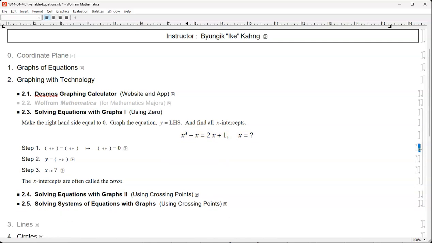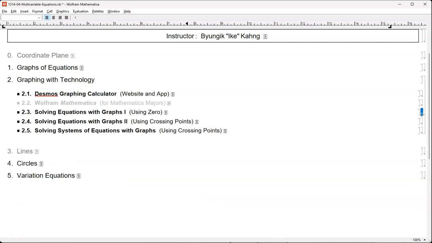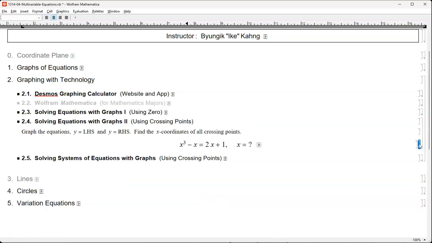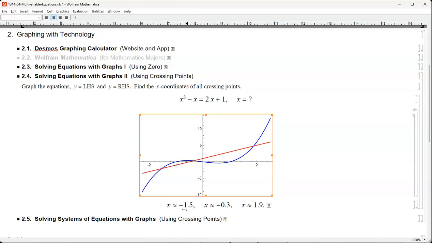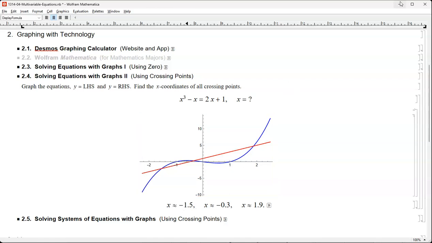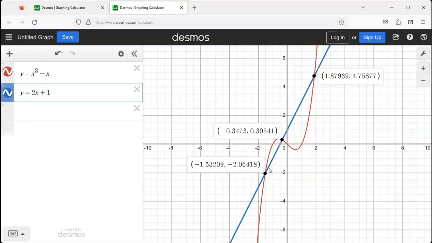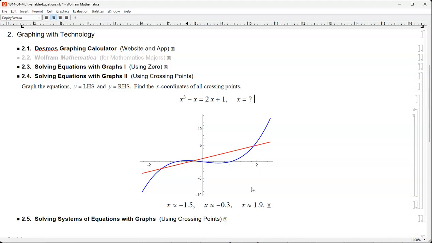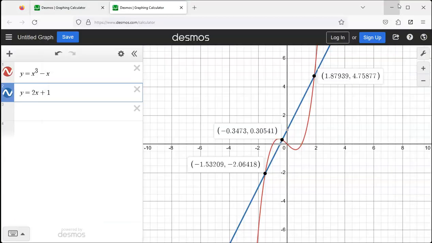In the end, what do you get? Negative 1.5, negative 0.3, 1.9, yes. In my answer key here, for simplicity, I just used one decimal digit, but here, decimals gave me a lot more.